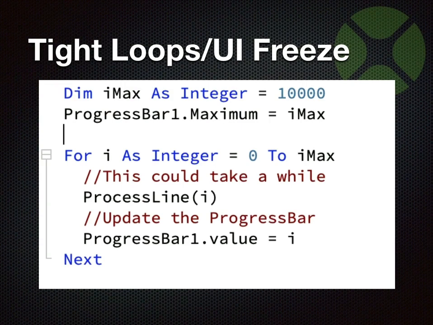But the point is you want the progress bar to actually update so the user can see it. Not necessarily. If you're in a tight loop, it may not refresh.